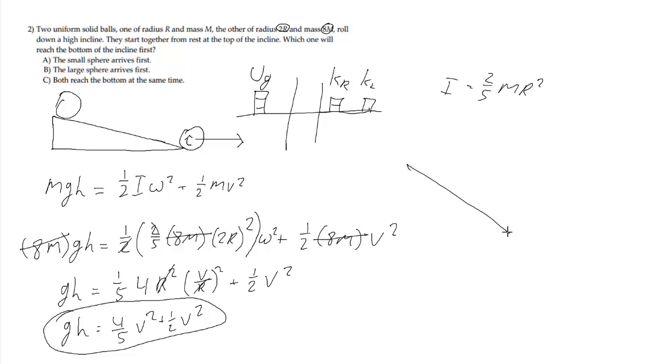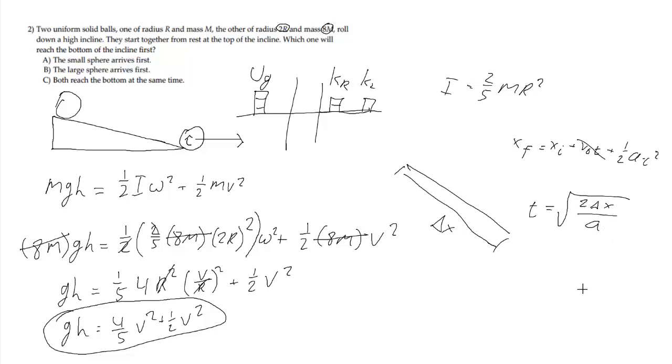If you figure this is our displacement, delta x. And if you think about our equation, x final is equal to x initial plus v initial t, which is 0 for both of them, plus 1/2 a t squared, t is going to be a function of the square root of 2 delta x over a.